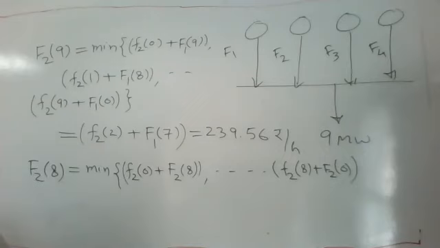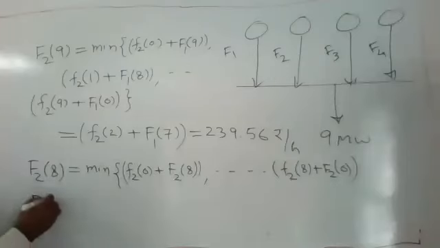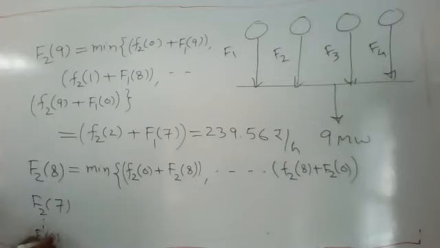By this way, you have to compute F2 7, up to F2 0. After computing all these values, you have to repeat the same process for F3, F3 9, F3 8, F3 7. Then you have to compute for F4.